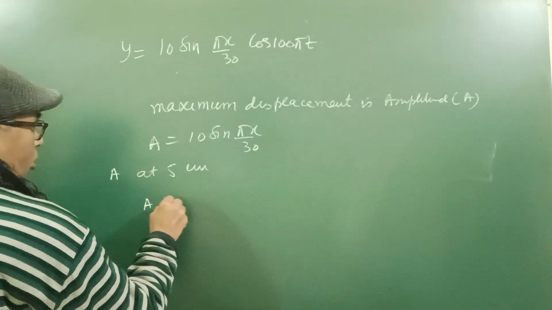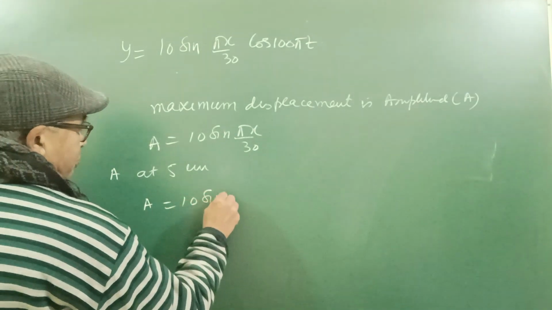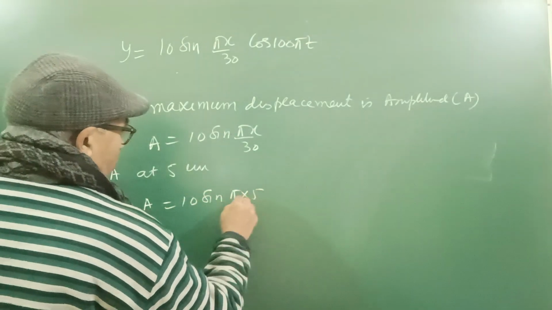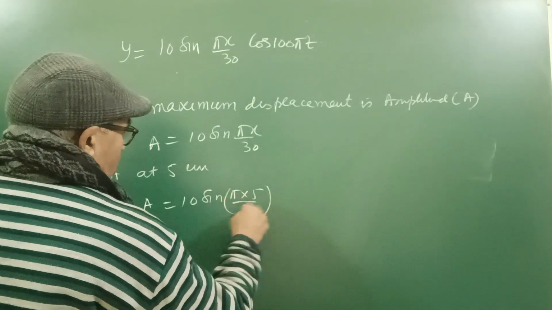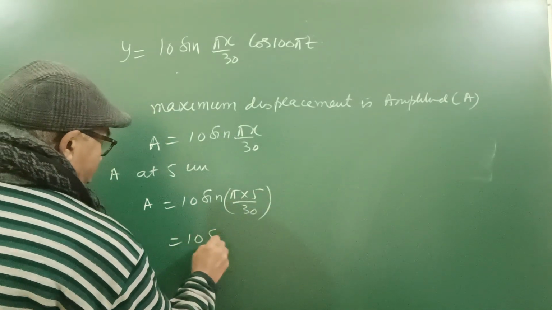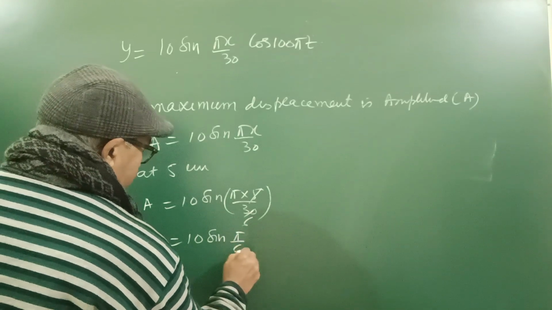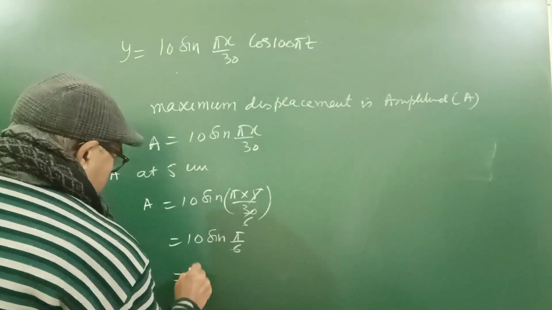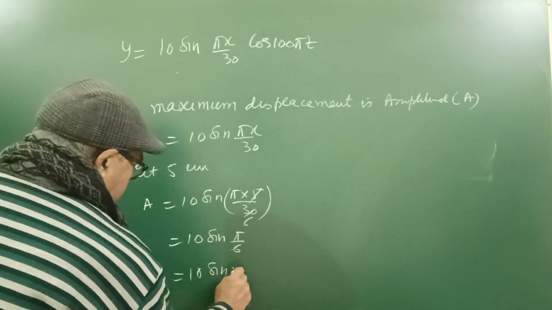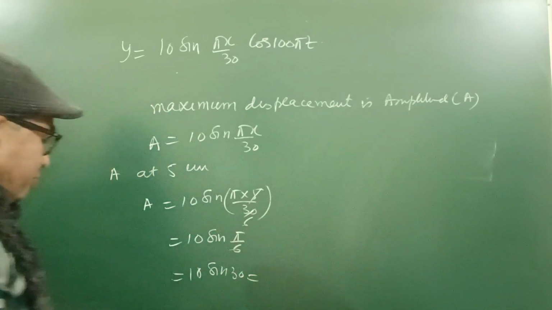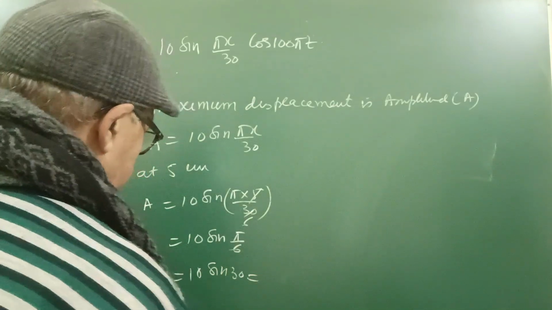So A at 5 centimeter is given by A equal to 10 sin pi into 5 upon 30. So it is 10 sin pi by 6. Pi by 6 means 30 degrees. 10 sin 30, sin 30 is 1 by 2.